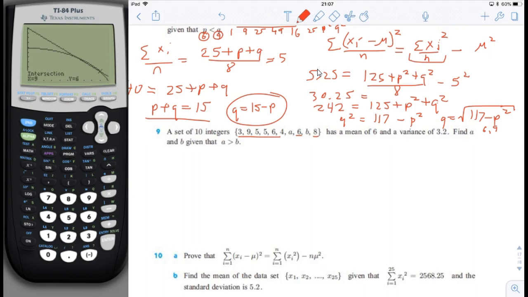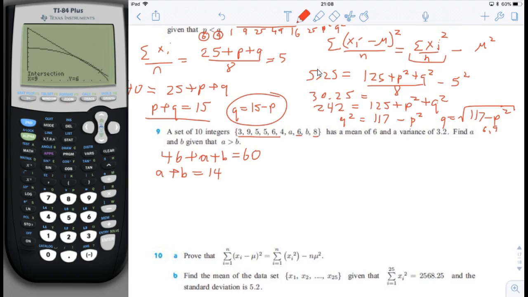So it'll be 3 plus 9, which is 12, plus 5 plus 5, which is 22, plus 6 plus 4, 32, plus 6 plus 8, which would be 46, plus A plus B, divided by 10 equals 6. And I'm going to multiply both sides by 10. So this is equal to 60. And then A plus B equals 14.